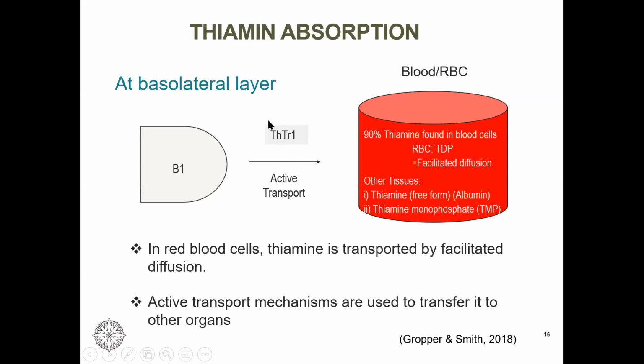So THTR1 is present in other organs also. And when this thiamine reaches the liver, the liver tries to convert it into its coenzyme form, because that's how it will be used for various metabolic reactions.